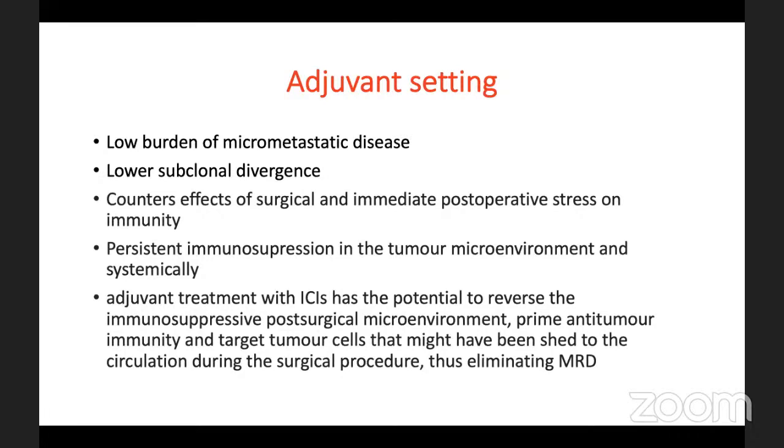It has been noted that there is stress after surgery, due to the release of a significant amount of cytokines. Therefore, there is an immunosuppressive microenvironment after surgery. So the use of immune checkpoint inhibitors may potentially reverse or at least neutralize that immunosuppressive effect.